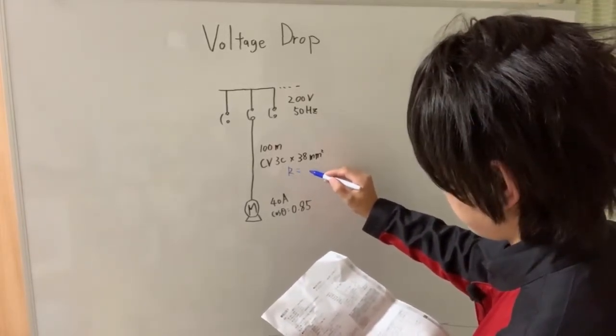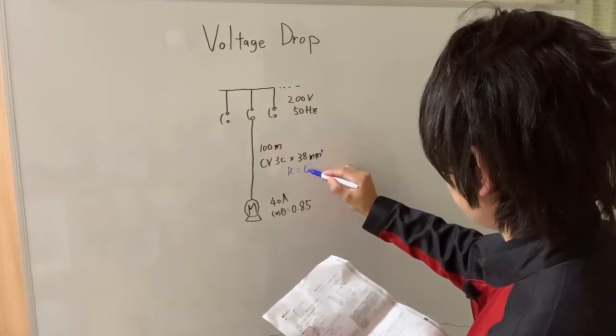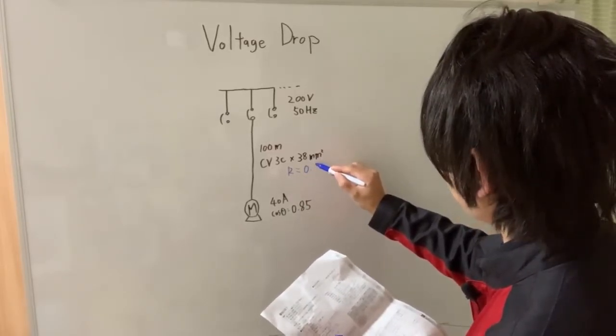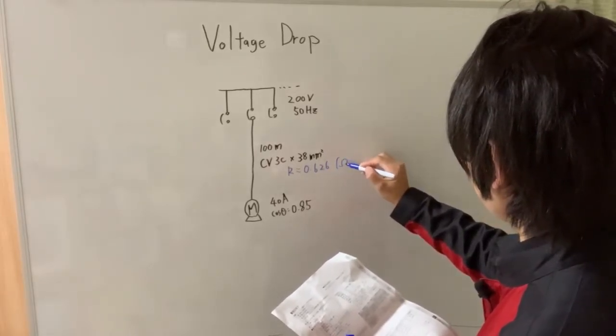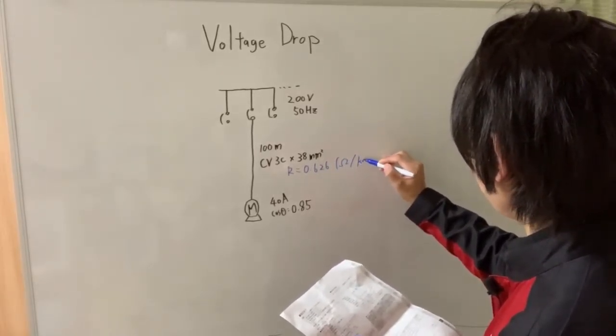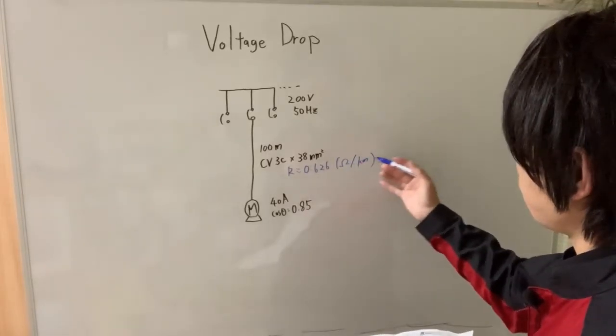Our resistance is 0.626 ohm per kilometer, right?